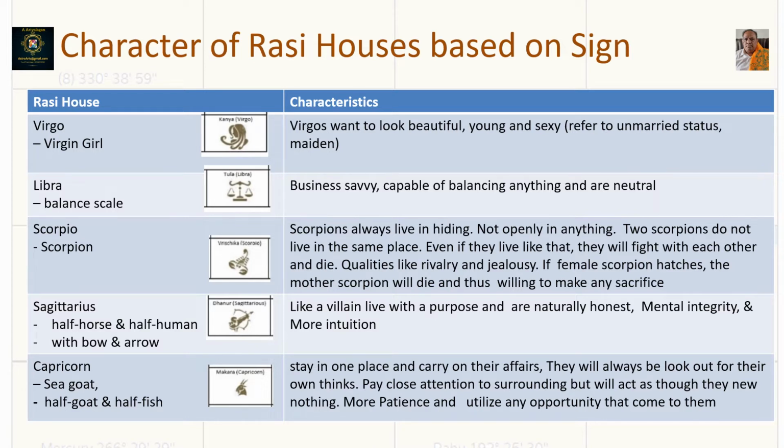And then next comes the Capricorn. It is actually the Makara Rasi, and its symbol is the sea goat. It is half goat and half fish. The body is fish and the head is the goat head. And it stays in one place.